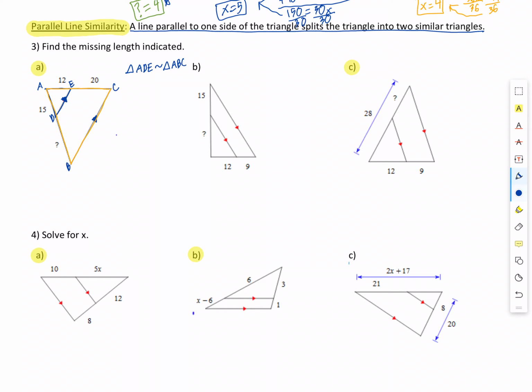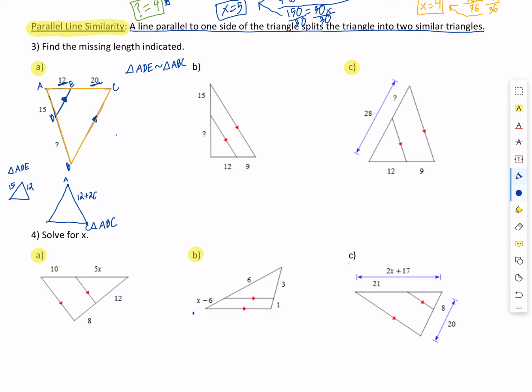So if we have triangle ADE, we know this line is 15, and this line is 12. And if we have our bigger triangle ABC, for this length, if we call this AC, we know it's 12 plus 20, because it's that whole length.